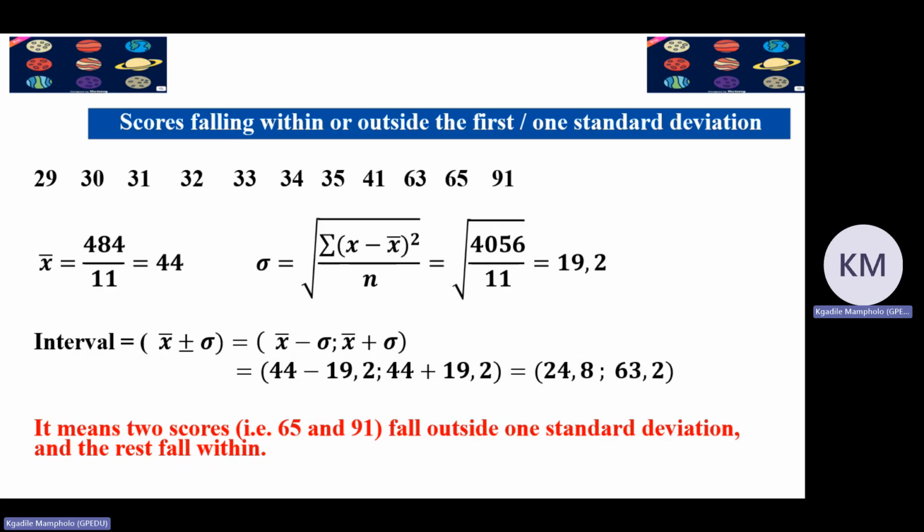Because they said learners who perform below one standard deviation, we'll say, okay, below, then it means we are only going to consider the first value. Is the first value less than or greater than the lower limit? No, it's greater than. So there's no learner in this case who performed below the first standard deviation.